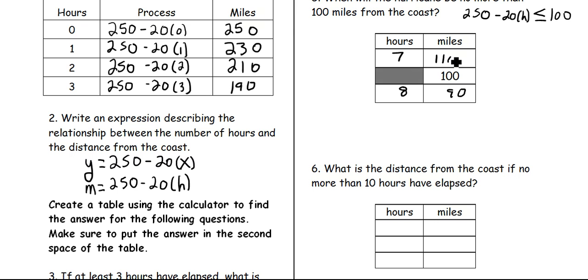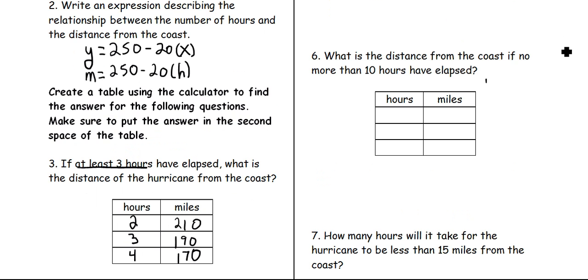So we could see that somewhere between 7 and 8, so if we just wanted to go roughly by hours, we could say, now remember, if we solved all this, we would have to have our hours must be greater than or equal to, and then it's going to be this fraction. Well, let's say it's halfway in between those, so I'm just going to go ahead and say 7.5. All right.